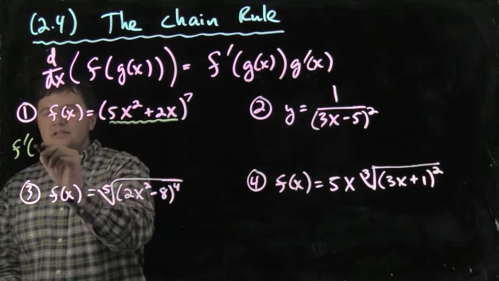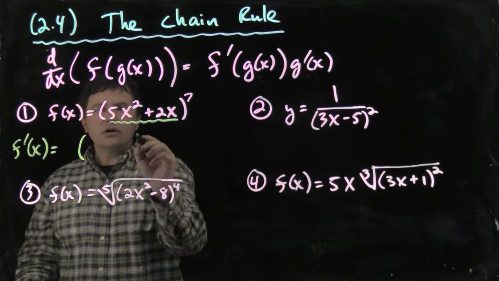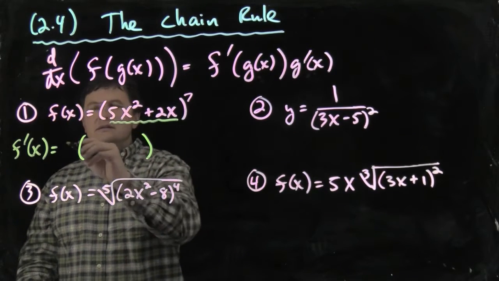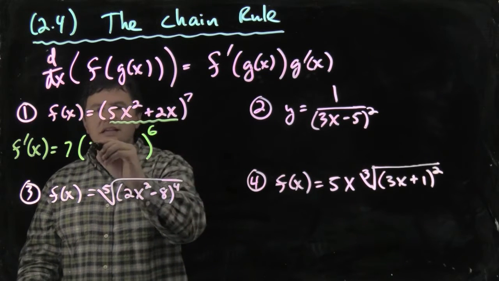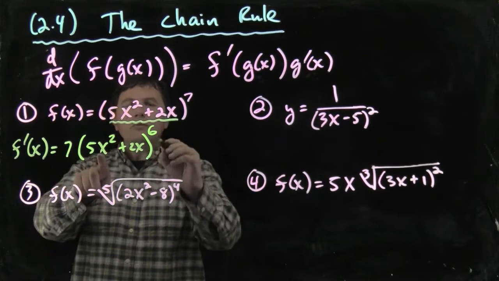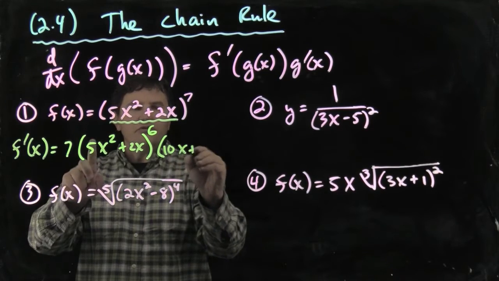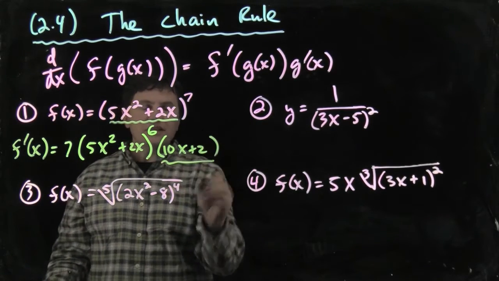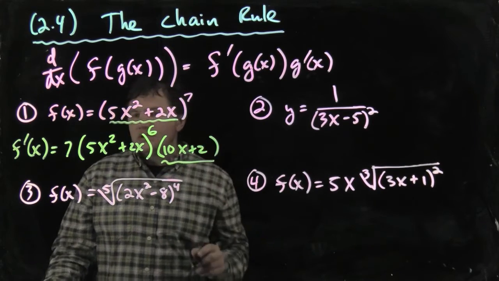So the way this works is, okay, everything here remains intact. The 7 comes down, that drops to 6. Everything stays intact. Don't take the derivative all at once. That's a very common error. And then we multiply the derivative of what's inside. So this would be 10x plus 2. Now make sure this is in parentheses here. If you put this without parentheses, that would be incorrect. So that is our derivative.